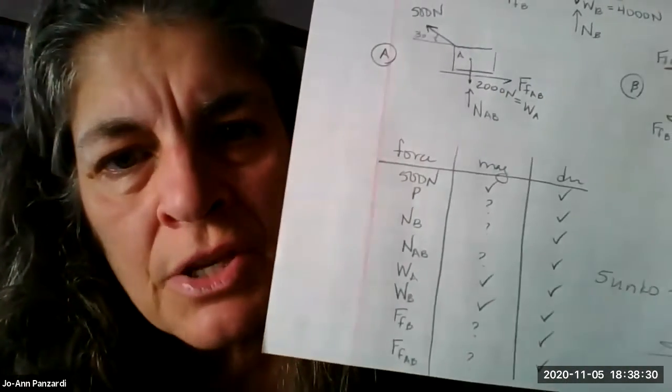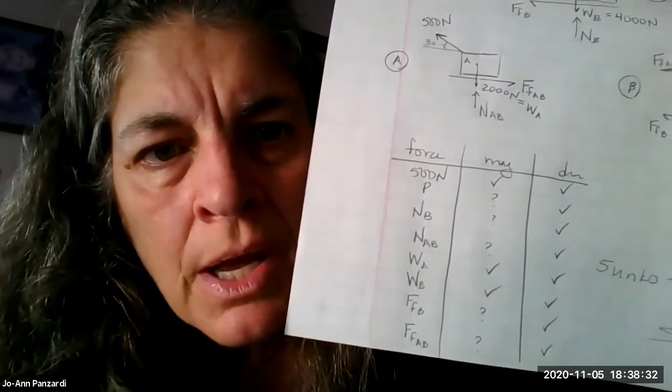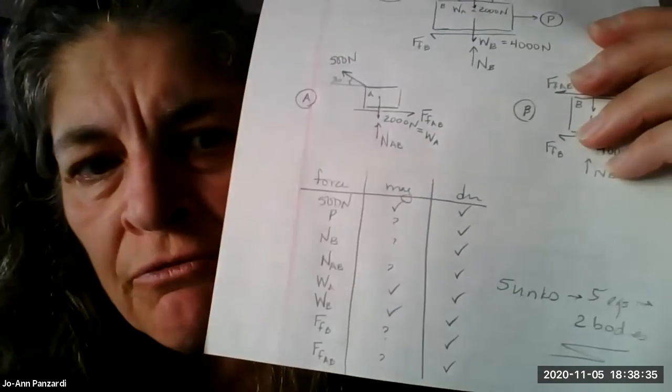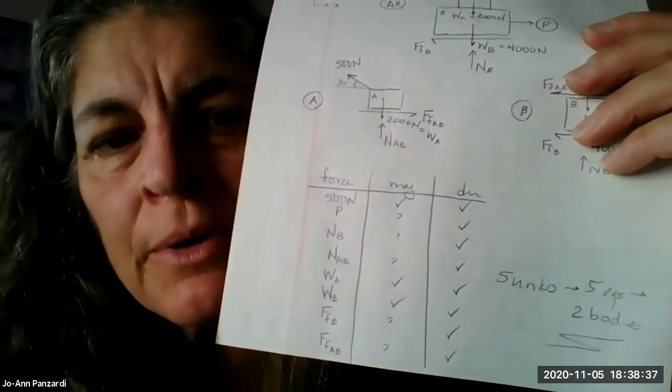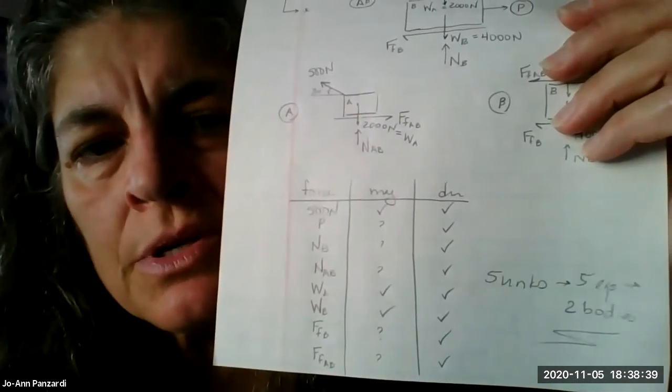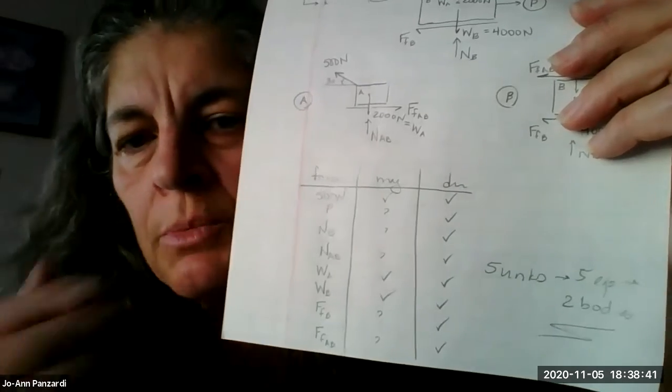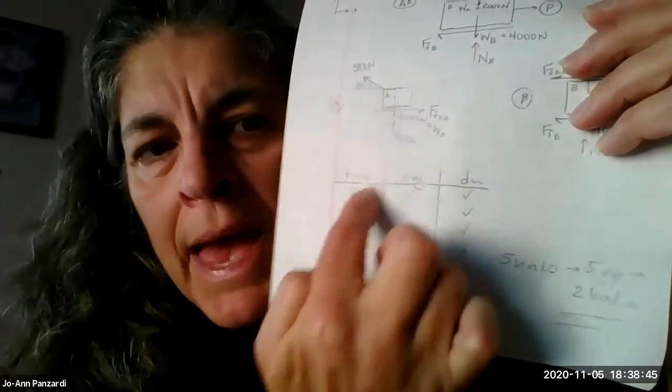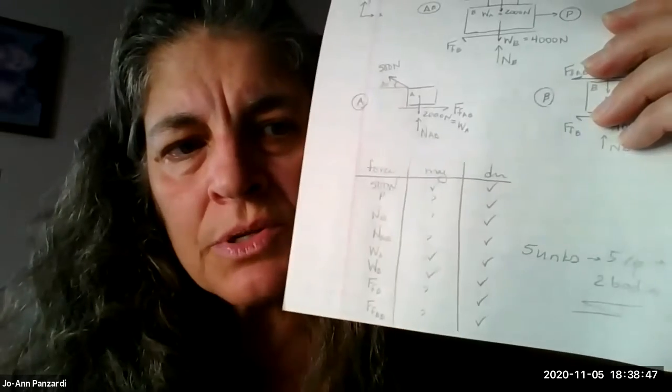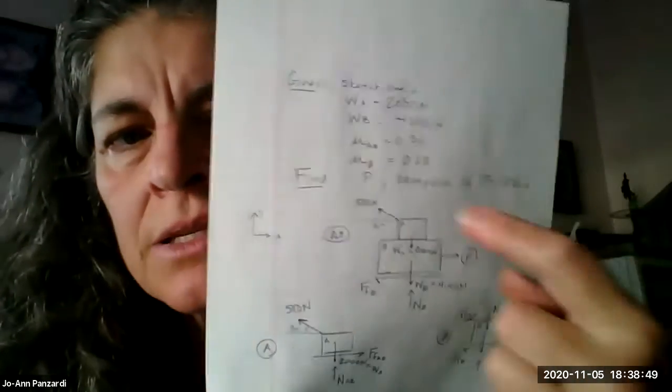The table says there are 5 unknowns, and 5 unknowns means we need 5 equations and we need 2 free body diagrams. But that's only if the problem asked us to find all these unknowns. The problem only asked us to find P. We really have one unknown in this problem.